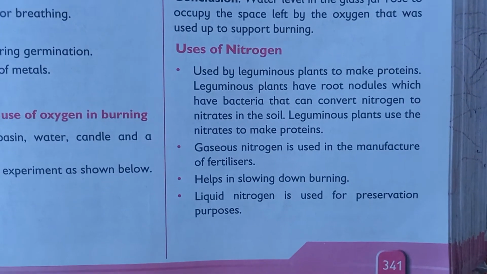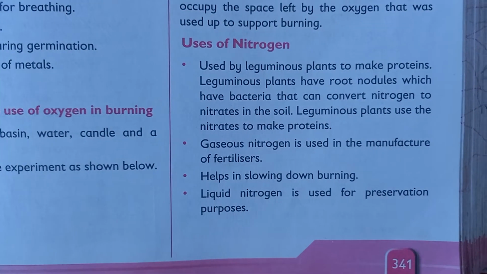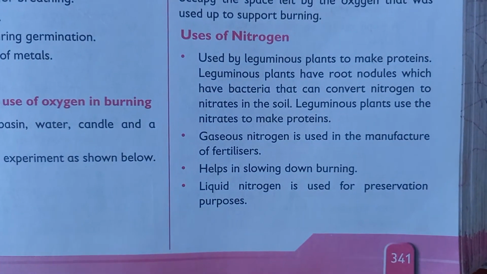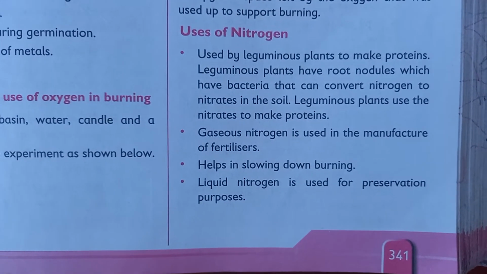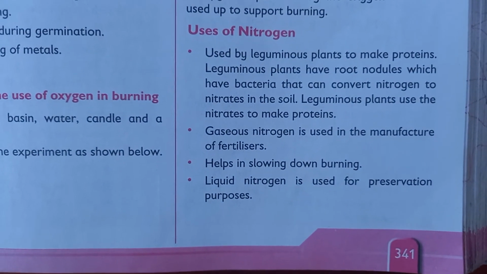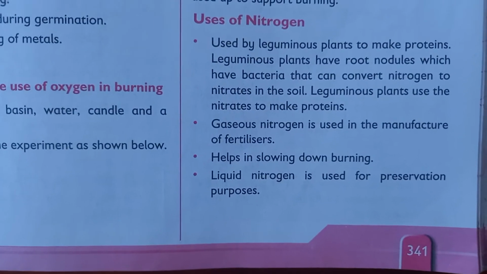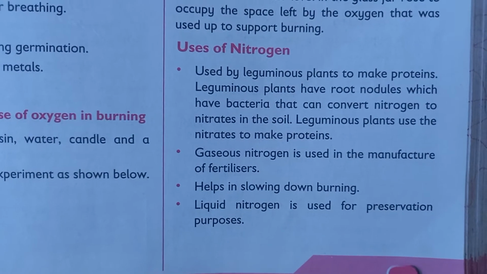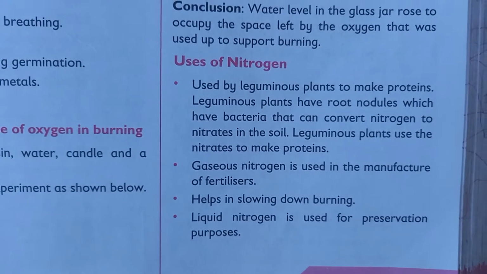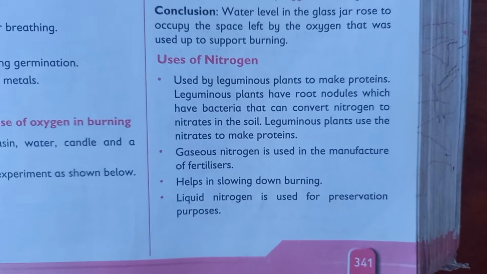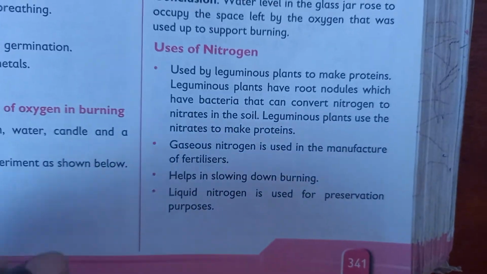Liquid nitrogen is used for preservation purposes. Learners, the main function of nitrogen in our atmosphere is that it is used by leguminous plants to make protein. The leguminous plants have root nodules, which help to fix nitrate into the soil.